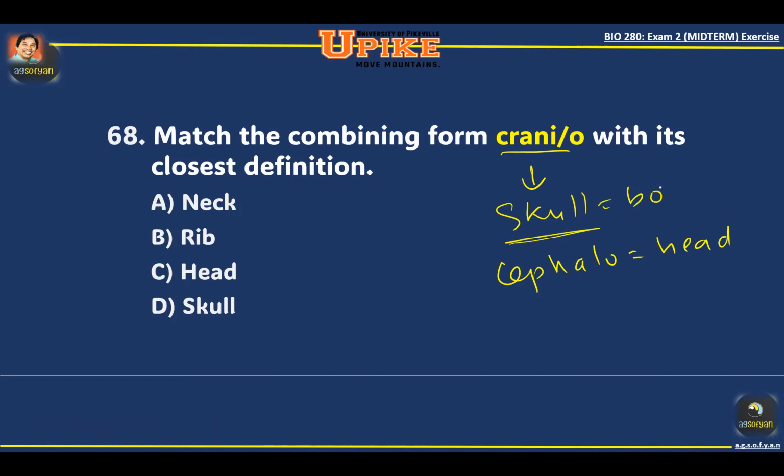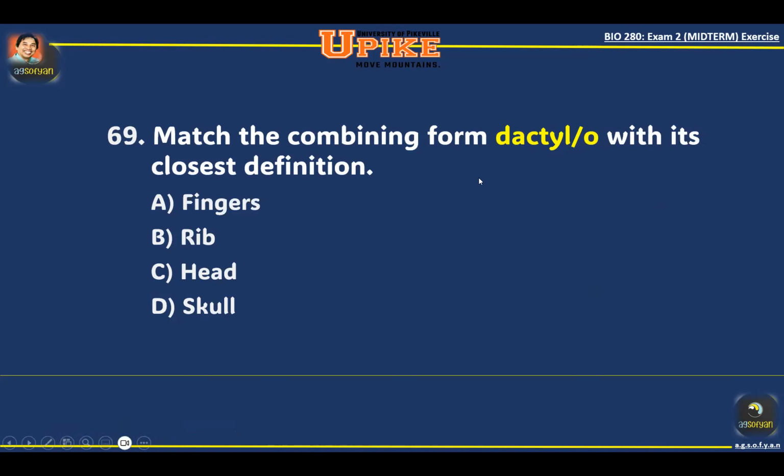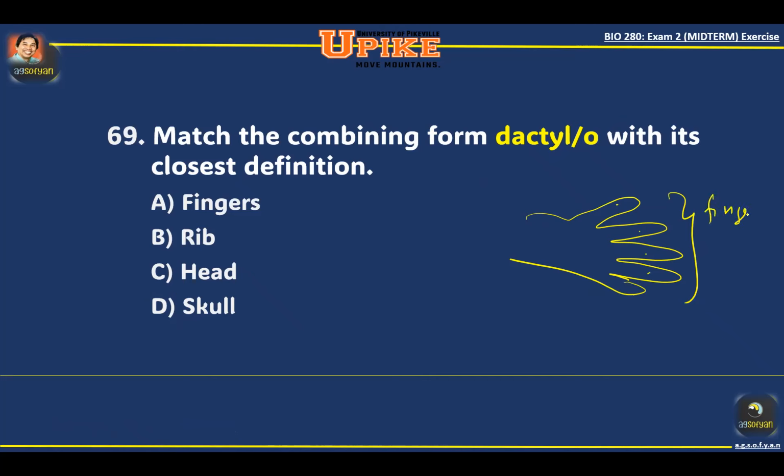Cephalo is the whole head, so cranial means the skull. How about dactylo? Dactylo is this: 1, 2, 3, 4, 5, which are fingers. Dactylo means fingers.